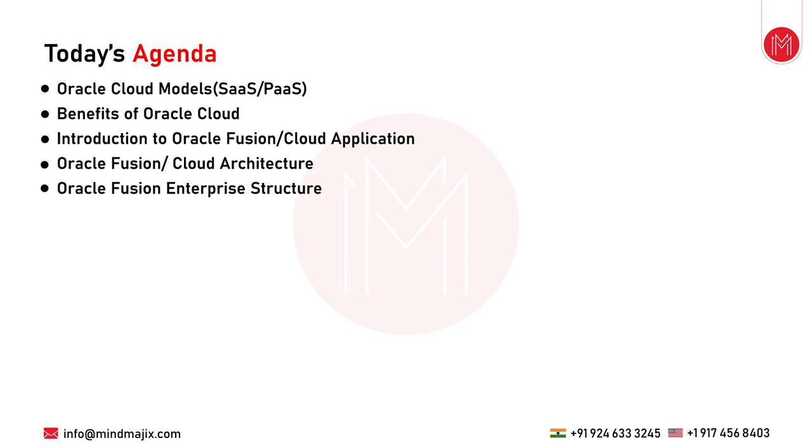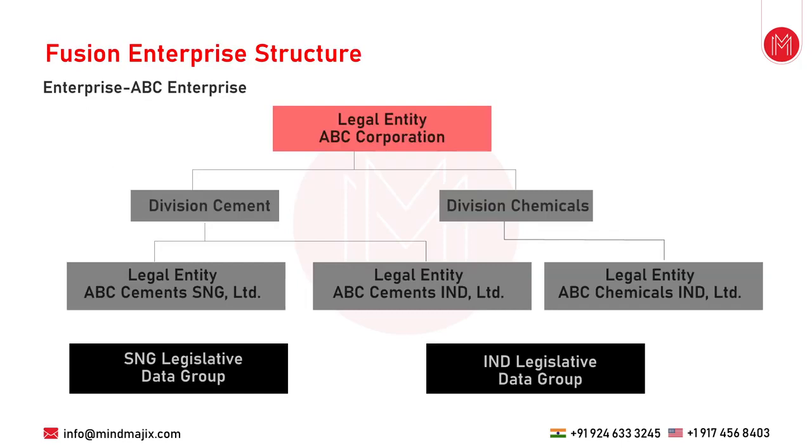Now let's talk about the Oracle Fusion enterprise structure, basically how the enterprise structure works in Oracle Fusion. Let's say I have one ABC enterprise. An enterprise is an umbrella which comprises all of the legal entities or the businesses which my company is doing.